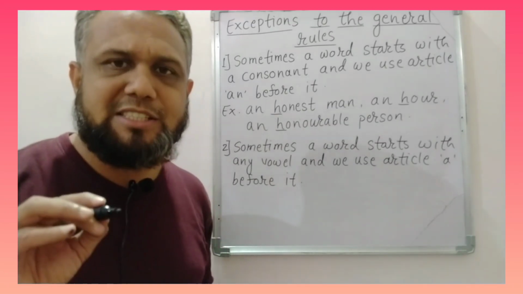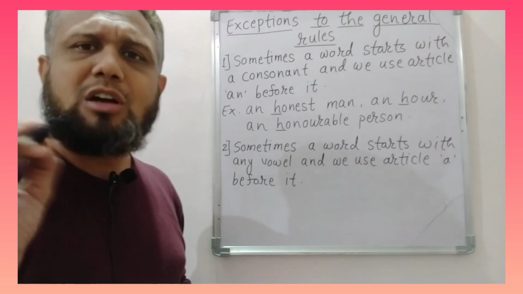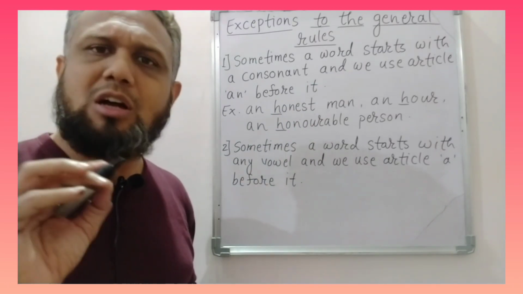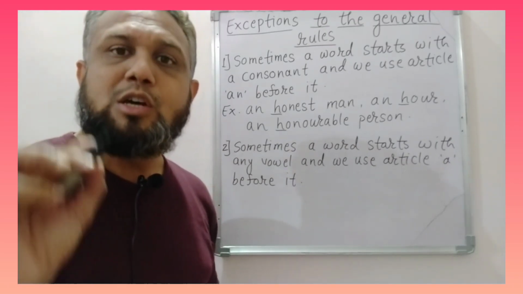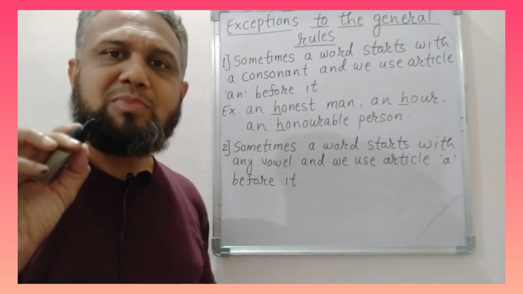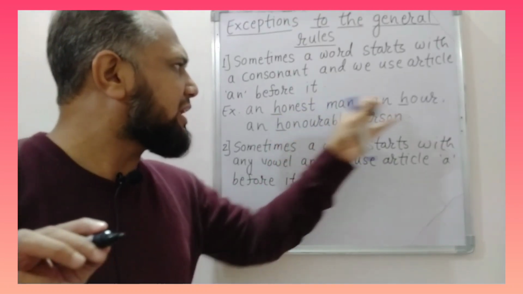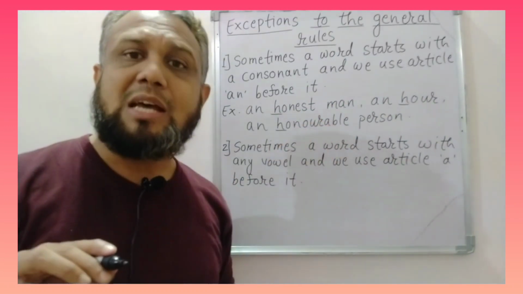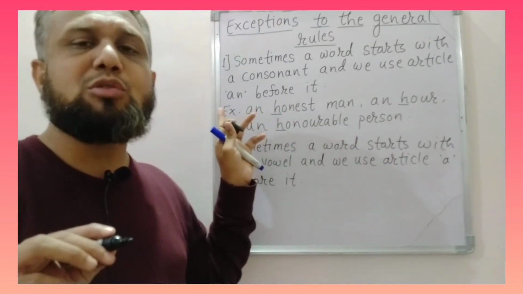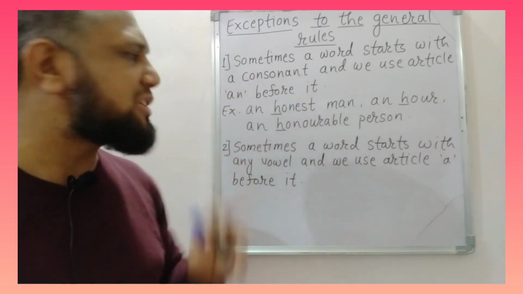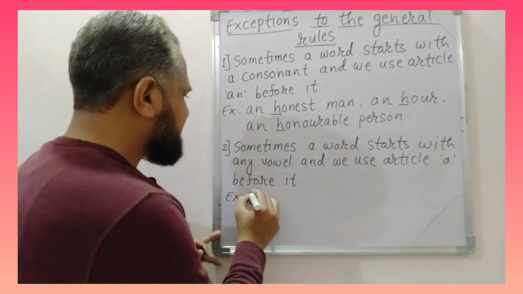We say honest, not honest with an H sound, hour, not har, and honorable, not honorable with an H sound. So we have used the sound of a vowel in all the three words and not the sound of a consonant. Therefore, we have used article an before these words.